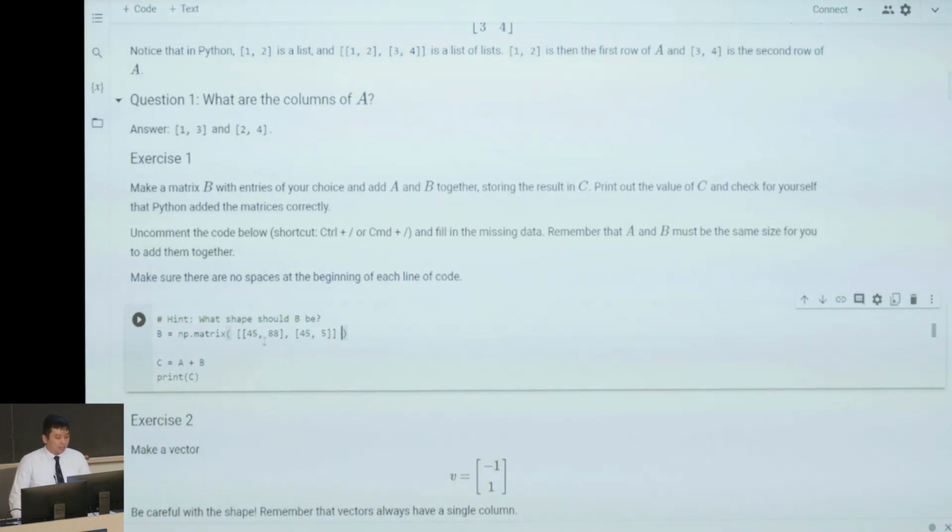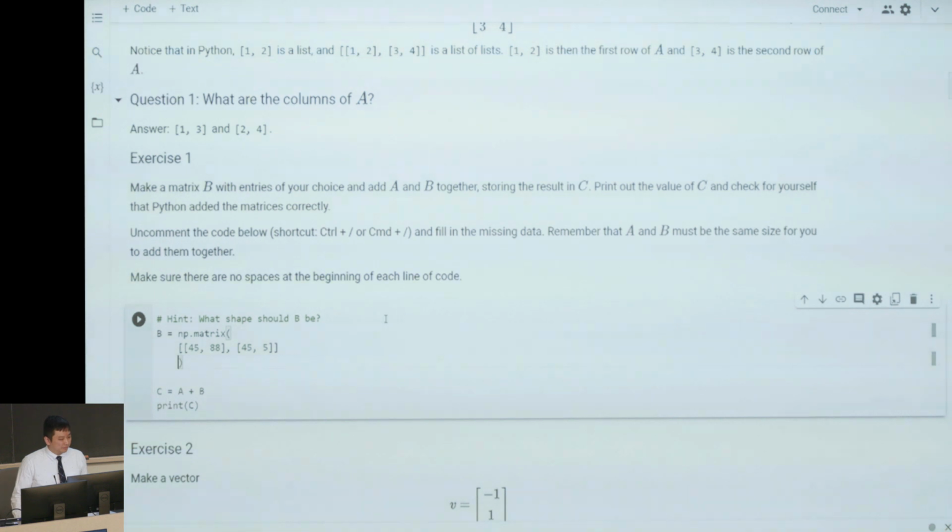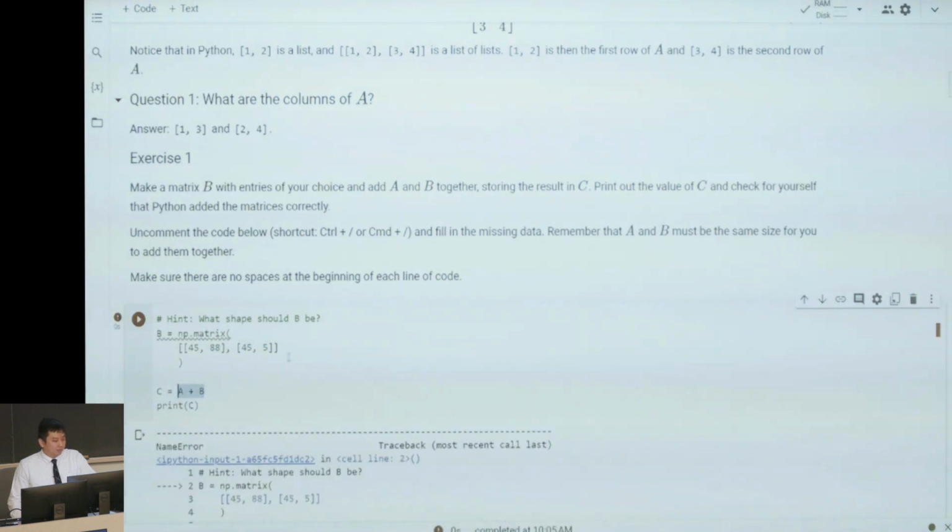You don't need these spaces, but it helps with readability. So this creates the matrix 45, 88, 45, 5. And you can see we just add it to A if it runs.